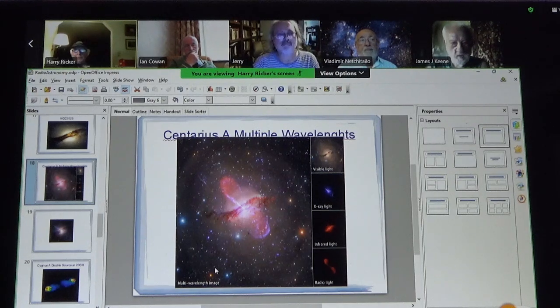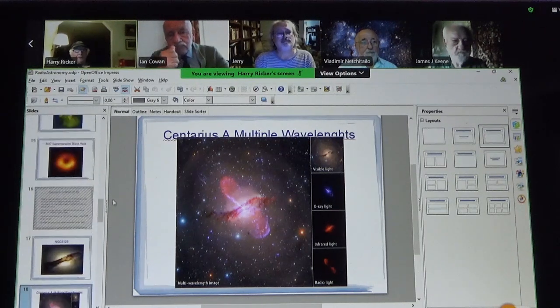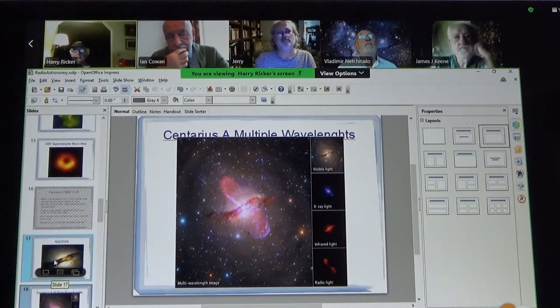This is all part of the puzzle that these people are working to solve. Each object that you look at is kind of unique. Centaurus A is significant because it's the closest radio galaxy.